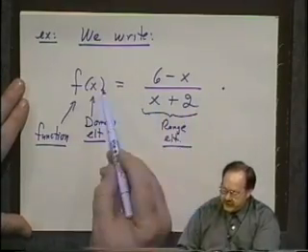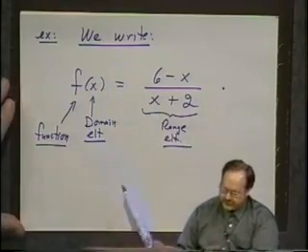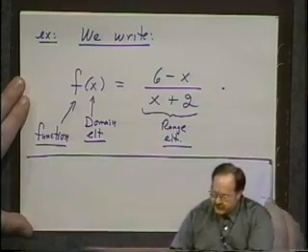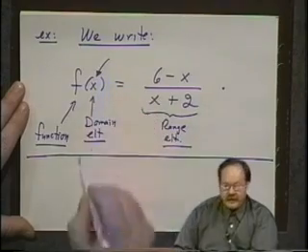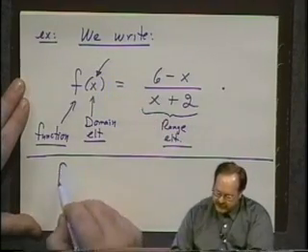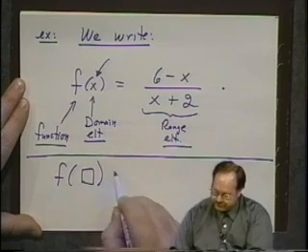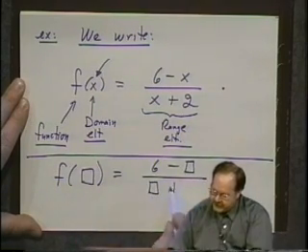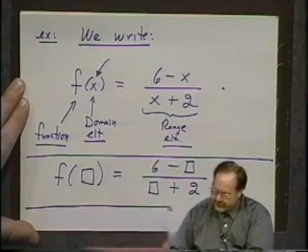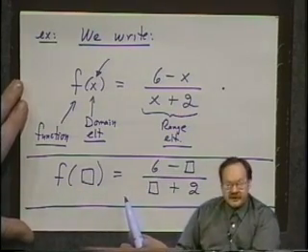The range element is written with this notation. You know, a better way to write this so that you see the process and don't get caught up on the letter here, x, is to rewrite this as f of box equals 6 minus box over box plus 2. Now this makes this look a lot more like a machine.